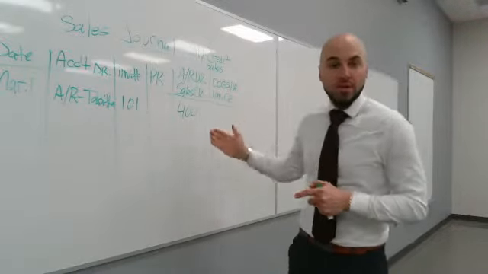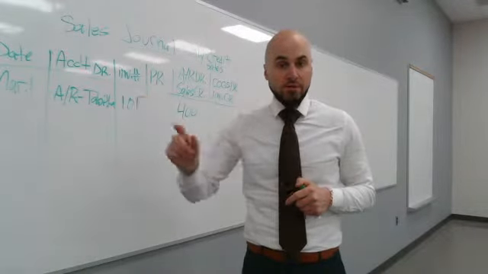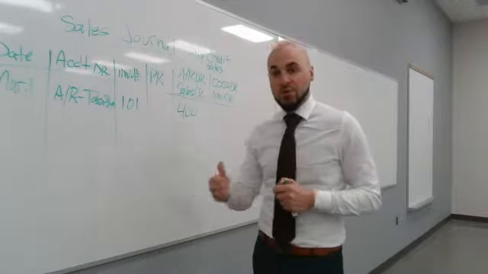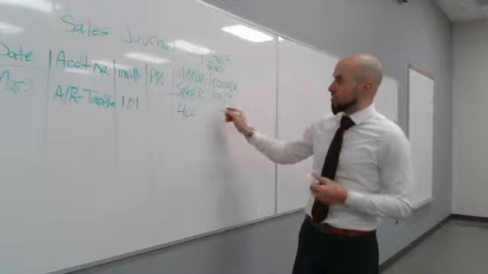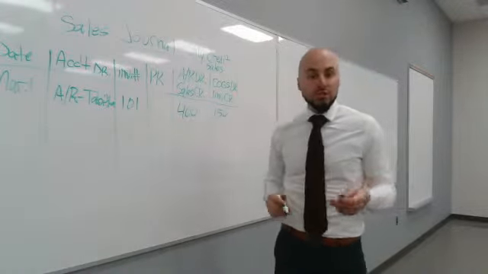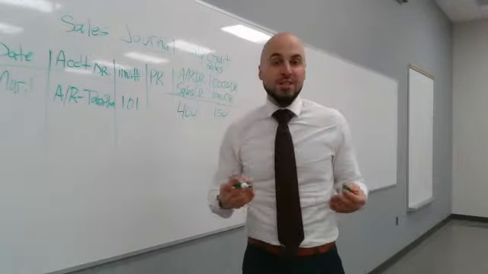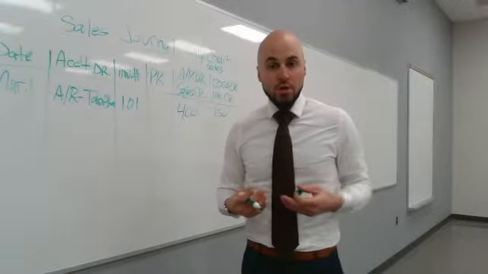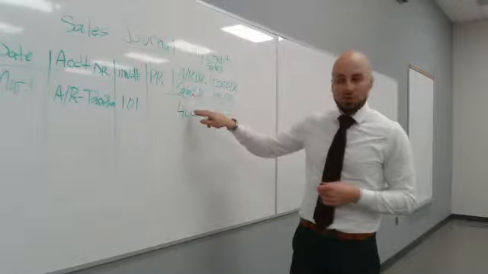But we're doing the perpetual system because we want a more accurate update on inventory after each sale, after each purchase. In this case, after the sale, whatever we paid for this 400, we will also record here, let's say 150, as a debit to cost of goods sold and a credit to inventory, because cost of goods sold is in essence an expense, and we have to record our cost of this $400 revenue, sales revenue, right?